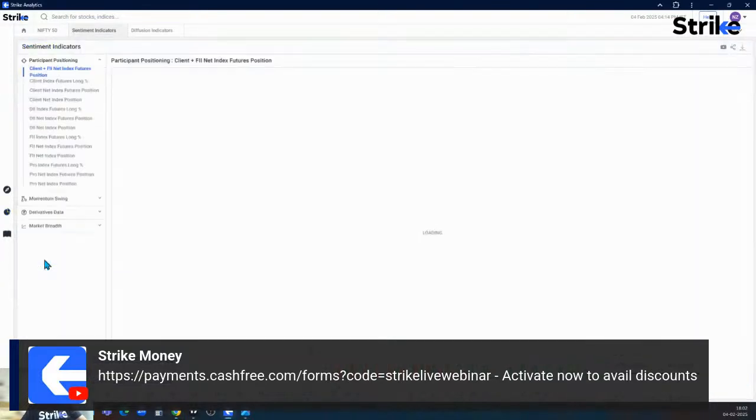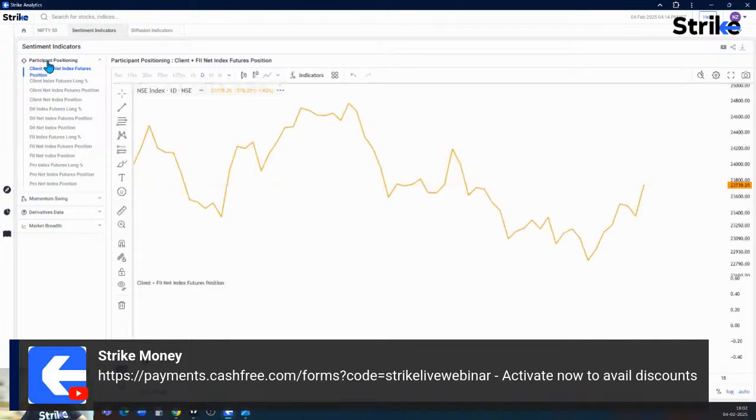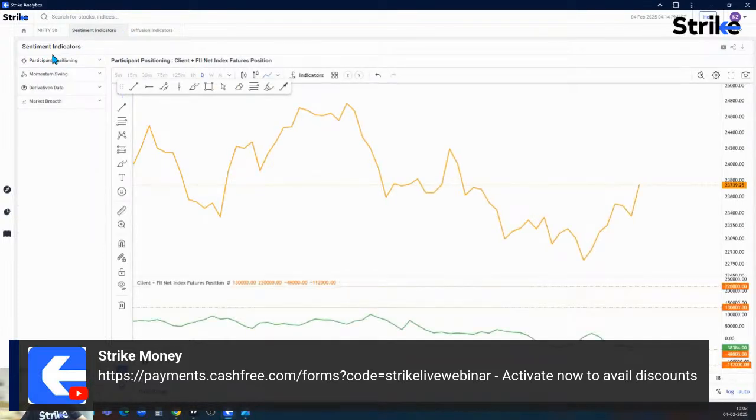So once we click on the sentiment indicators, a tab will open up over here. And these four sections are various sentiment indicators. So today I will take you through all of these indicators, what are they, and what should we interpret out of them. All these things we'll be understanding today in this particular workshop.